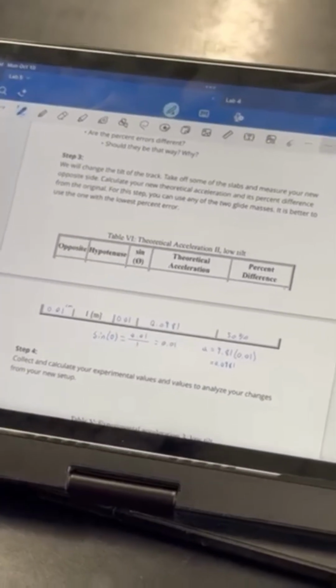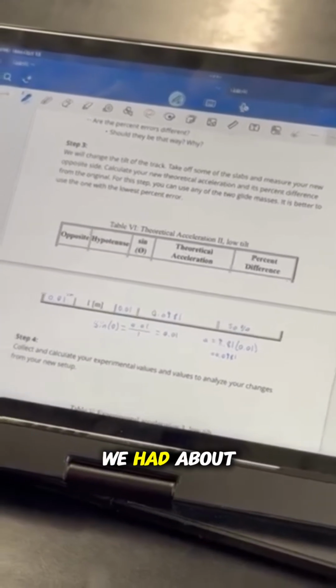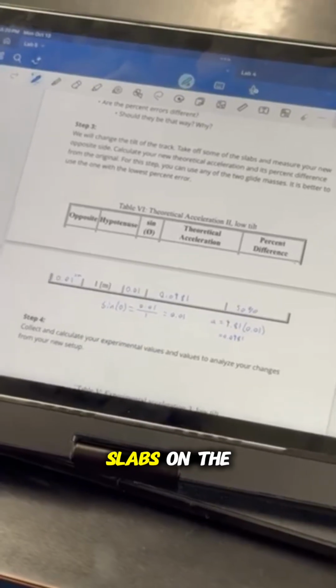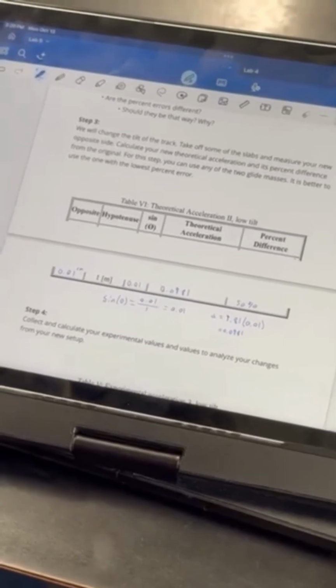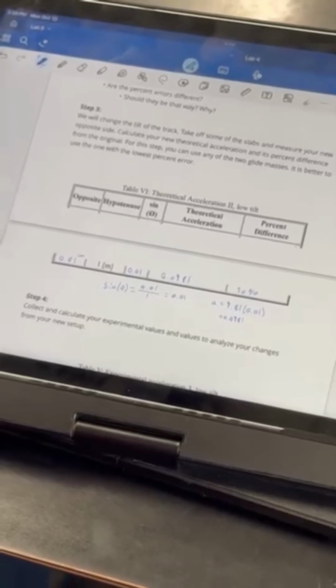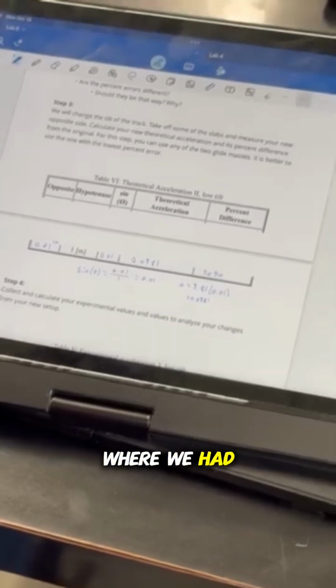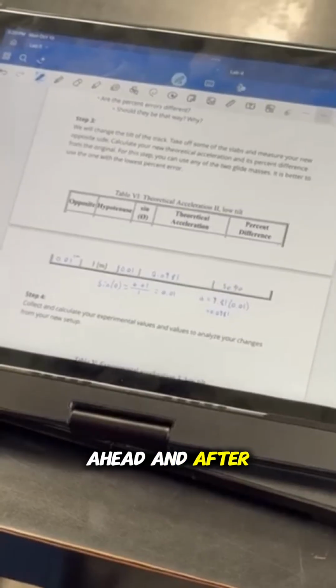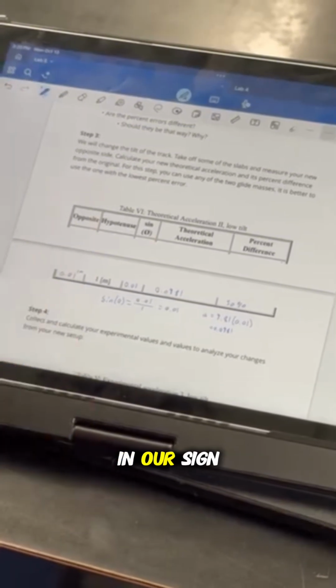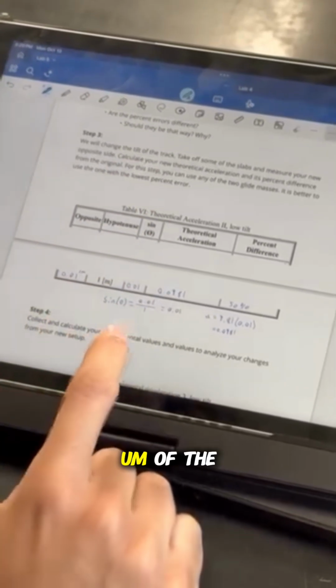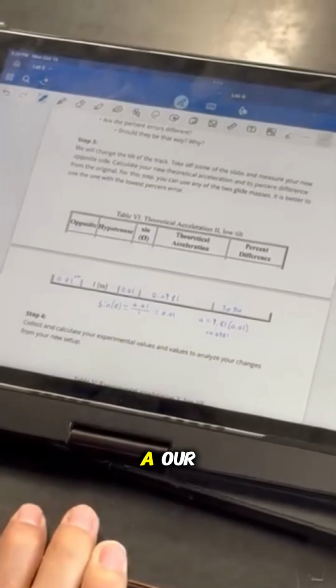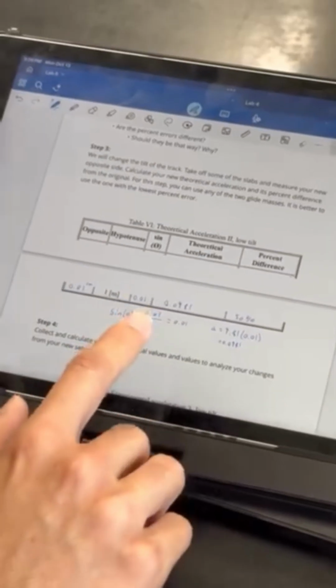So right here, we're on step 3, and as you can see, we were directed to change the tilt of the track. Originally we had about 2 centimeters of slabs on the tilt, and we went ahead and just halved it, so we kept a centimeter of tilt. After various experimental runs where we had a lot of weird sensor issues, and after getting our opposite and our sine theta of the 1 centimeter, that was our new theoretical.